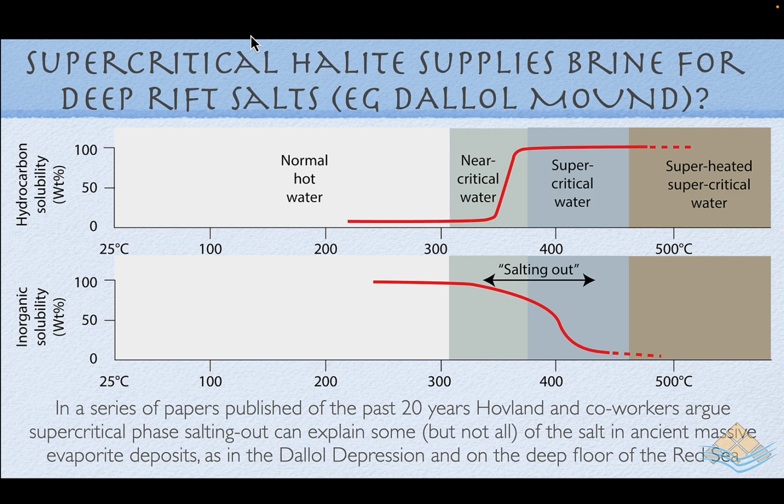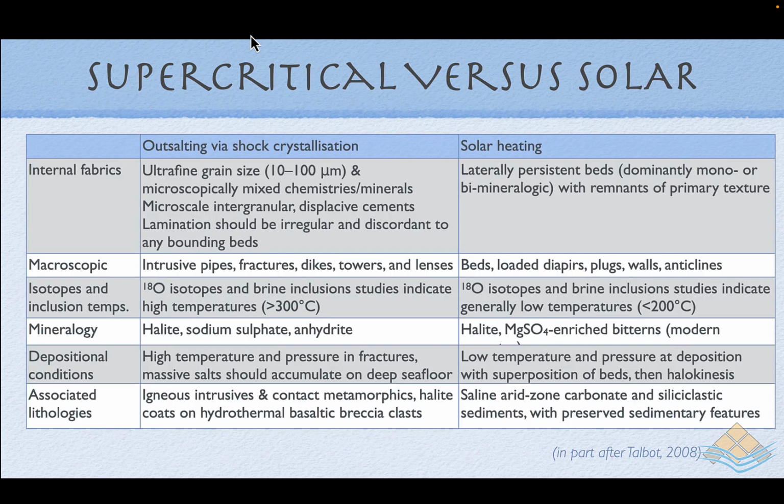And so these salts that occur as flashpoint salts in the supercritical realm are going to have a number of distinctive properties. If we look at the outsalting and the shock crystallization associated with supercritical seawater, in terms of the internal fabrics, we see these ultra-fine crystals, 10 to 100 microns across, and they're microscopically mixed chemistries and minerals dominated by the major components in seawater, namely the sodium chloride and the sodium sulphate salts.